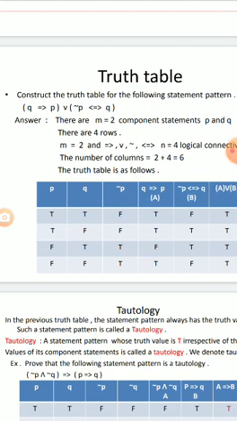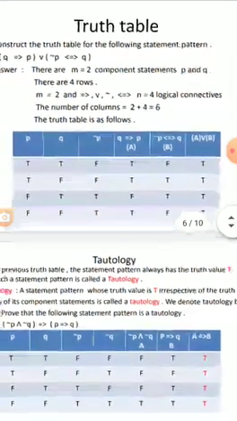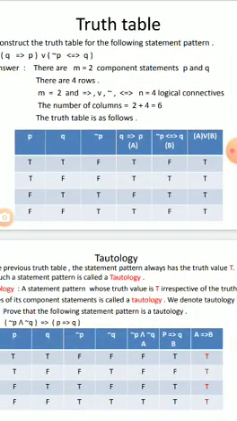Hence there are four rows, 2 squared is 4 rows, and number of columns will be equal to 2 plus 4. 2 is the number of component statements plus number of logical connectives. So total is 6. So the table will have 4 rows and 6 columns.